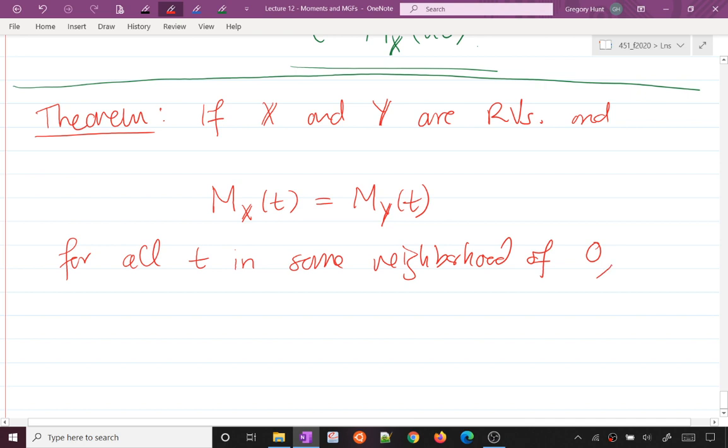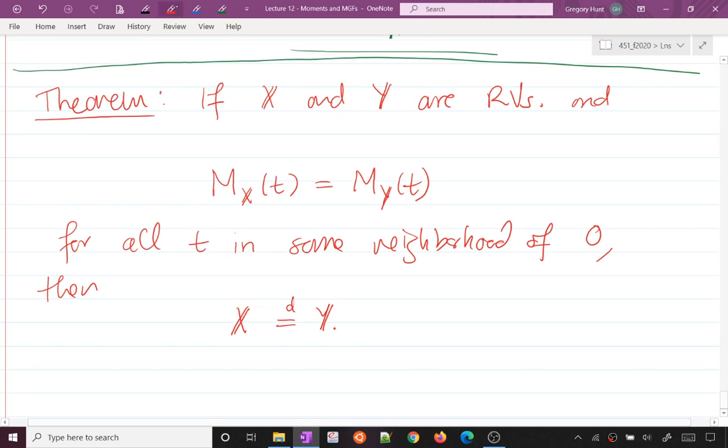So again, it's a technical condition. They don't have to be equal everywhere, but if there's some neighborhood around 0 where these are equal, if the MGFs are equal, then x is equal in distribution to y. This notation, equals with a d over it, means equal in distribution.